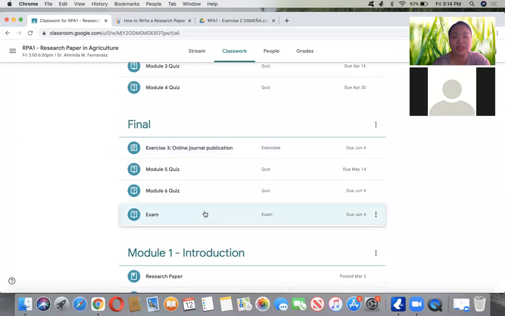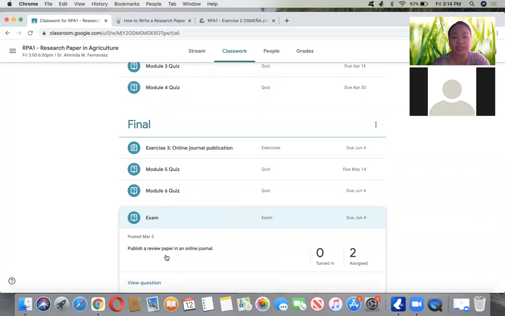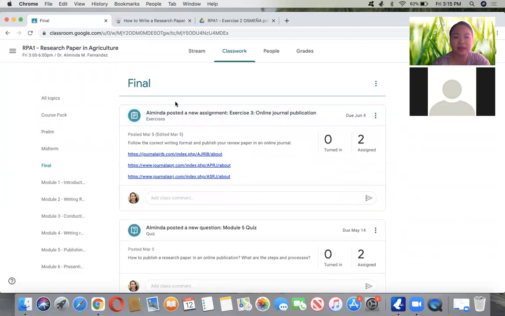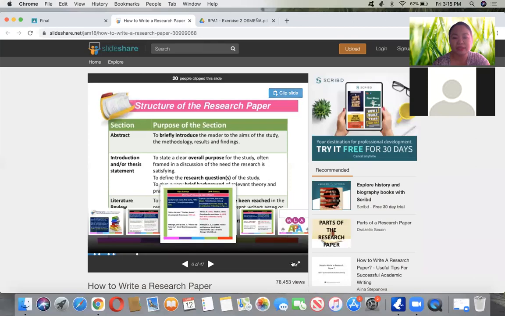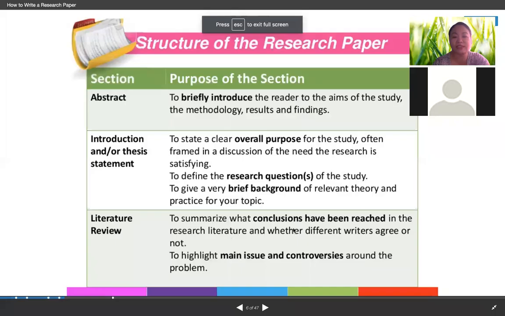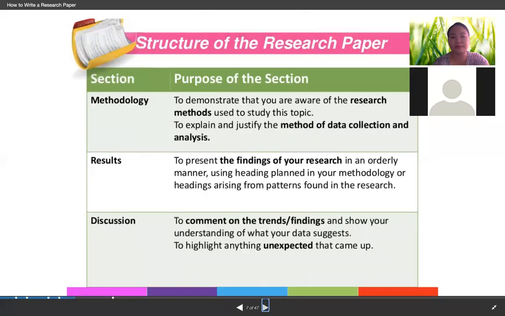And so the final exam is actually a published review paper in an online journal. So we'll just go back here to your different requirements. Going back, that is an example of a literature review or review paper.